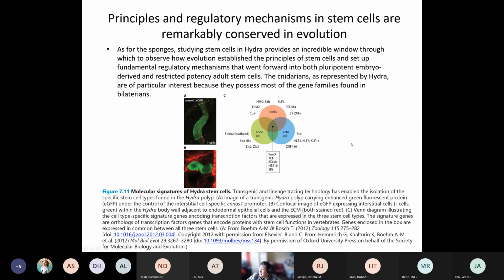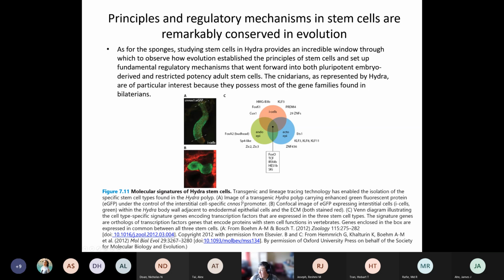Then later on, modern scientists were able to label the three types of stem cells using transgenics. We described that, so you can put a green fluorescence under the control of the promoter of a stem cell specific gene. For example, in this case, they used EGFP under the regulation of CN-NOS1.